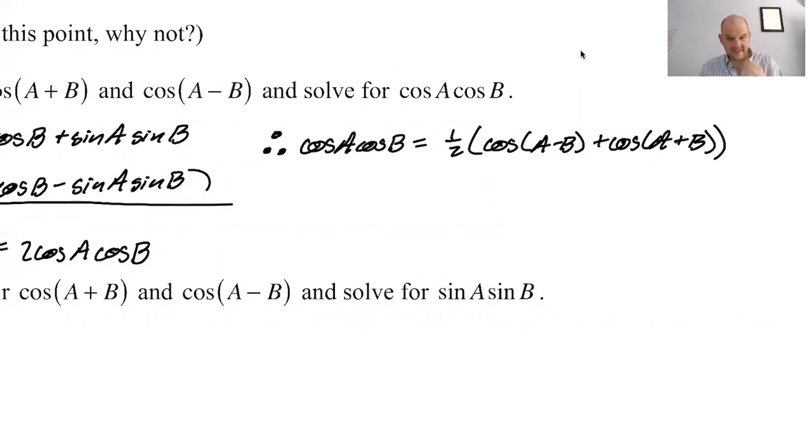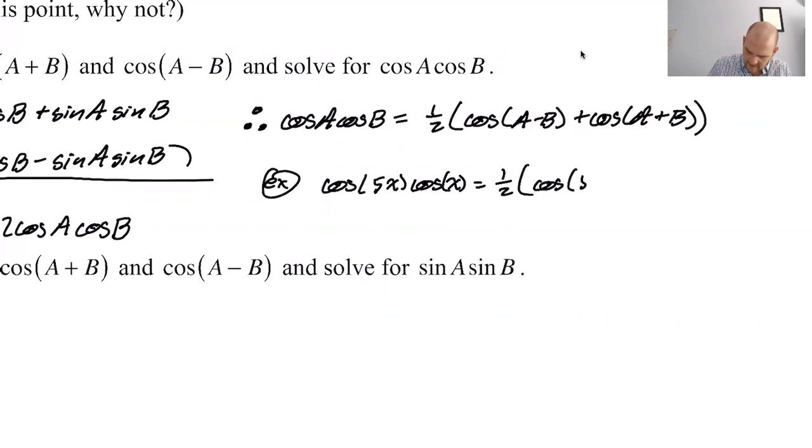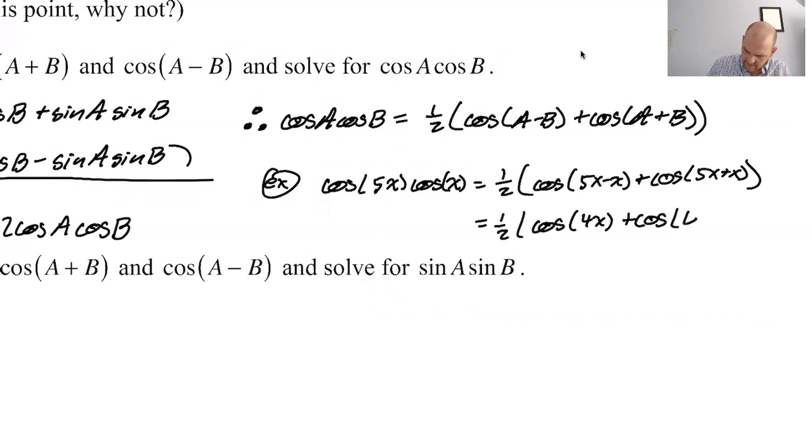Okay, so what good does that do me? Almost no good at all on a math analysis level. But for example, if we had the cosine of 5x times the cosine of x, we could turn that into 1/2 cosine of 5x minus x plus the cosine of 5x plus x, which would be 1/2 cosine of 4x plus cosine of 6x.